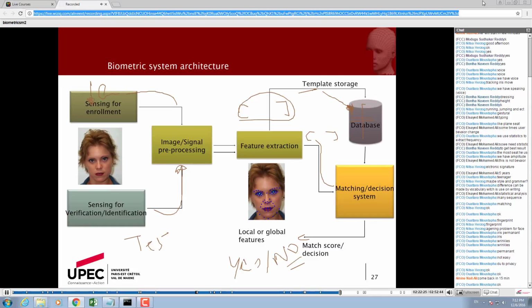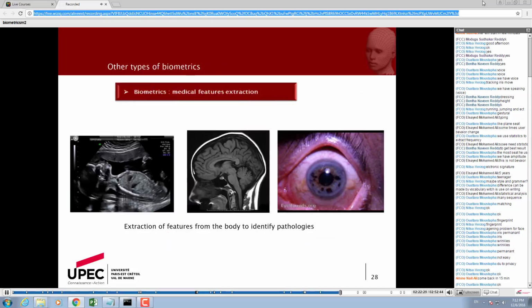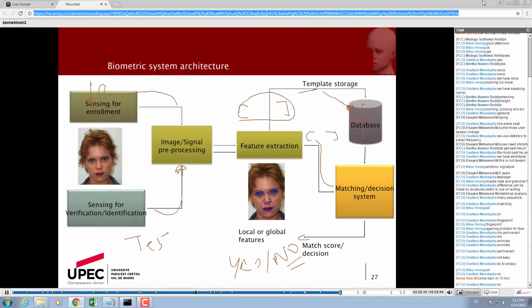And this vector will be compared to the one stored in the database to check if there is matching or not. And the result will be yes or no. Okay? So this is the verification phase.